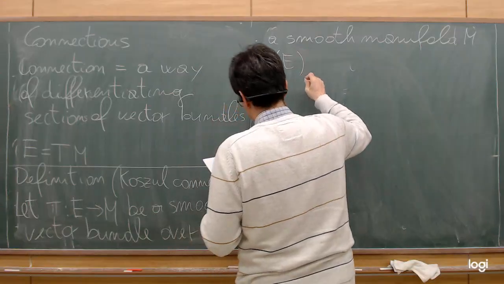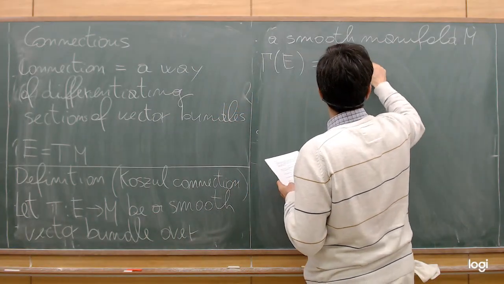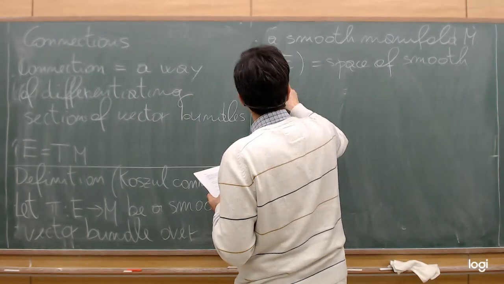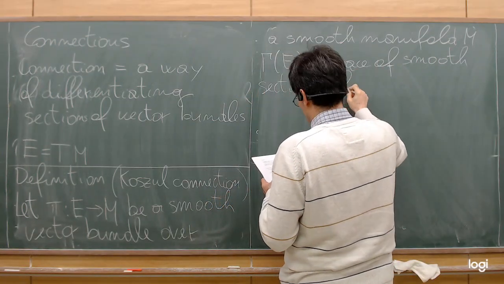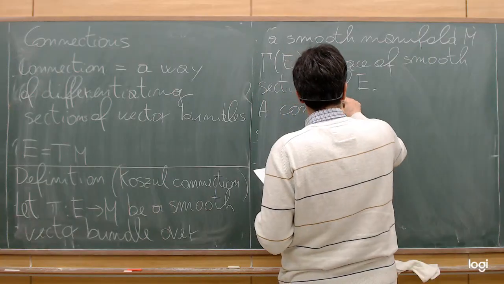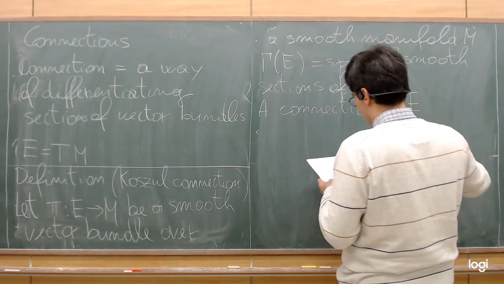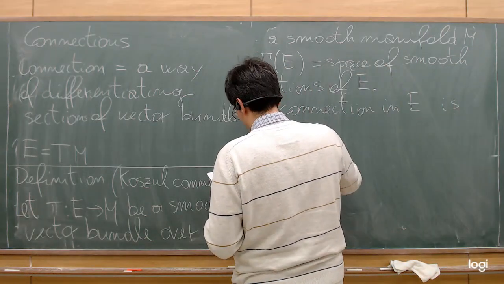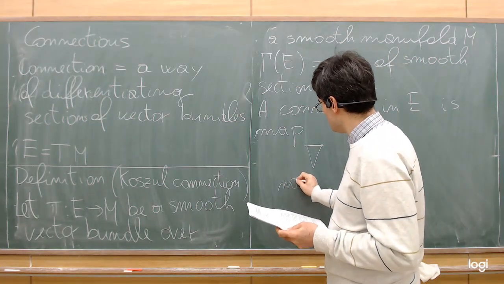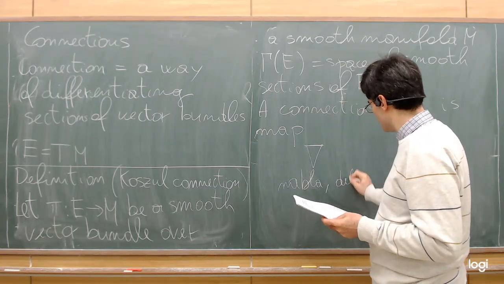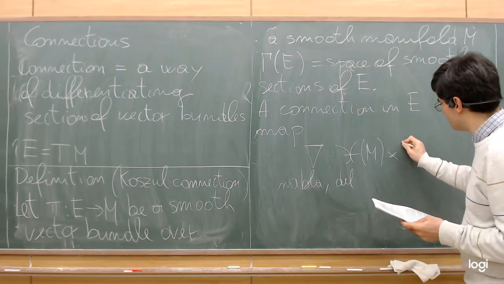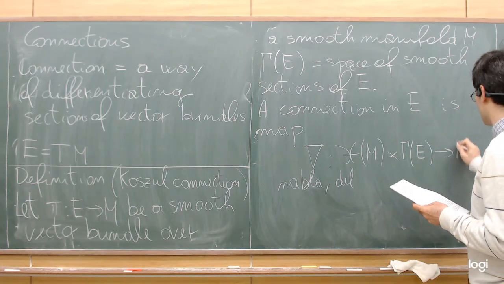We use this symbol for the space of smooth sections of E. Then a connection in E is a map denoted by this symbol that you can read as a nabla, going from the product of 𝒳(M) and Γ(E) with values in Γ(E).